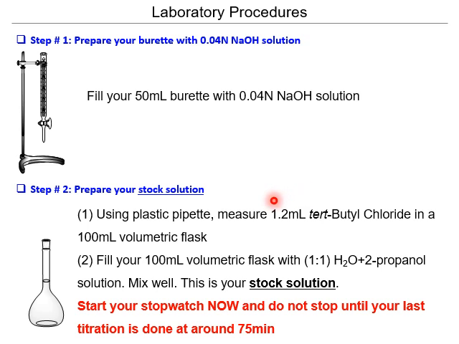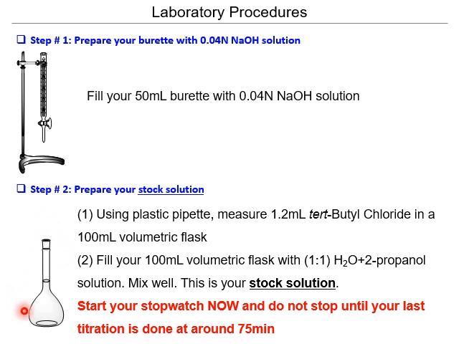So again, you know how much you're putting in, and as time goes by, a set amount of tert-butyl chloride will be consumed. And then you fill your 100 ml volumetric flask with 1:1 water and 2-propanol solution.